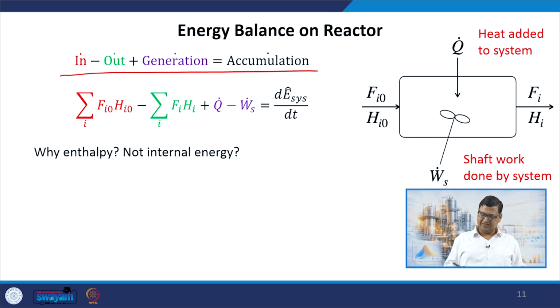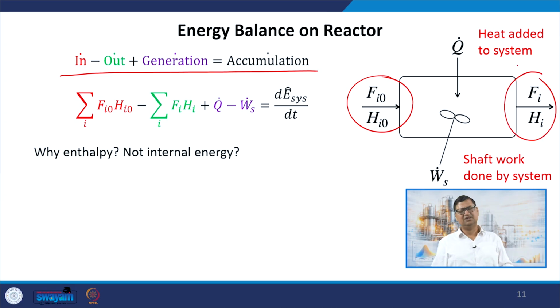The energy that is coming into the reactor is basically the enthalpy of the feed that is entering the reactor. Let us say, for example, you have a hot fluid that enters a reactor. In that case, the hot fluid carries thermal energy as it comes in. In a similar manner, if a hot fluid leaves the reactor, it will carry thermal energy along with it as it goes out.